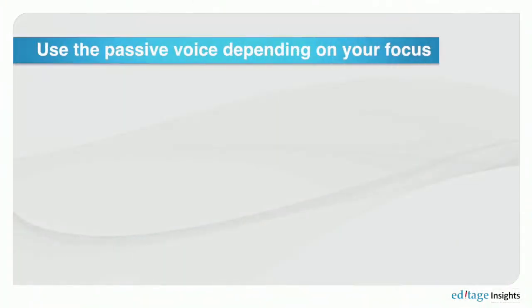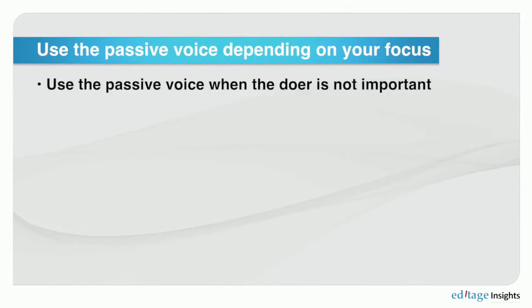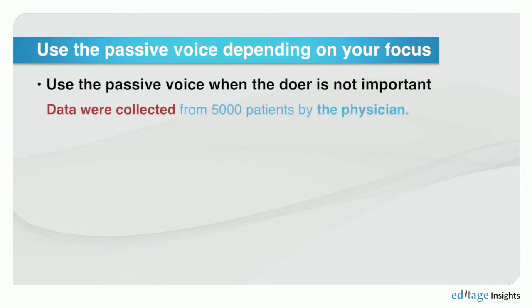There's a lot of confusion about using the passive voice. The use of the passive voice is to take the human out of the sentence. And so when you have a sentence like, data were collected from 5,000 patients by the physician, that by the physician isn't really important in the sentence and can be cut.